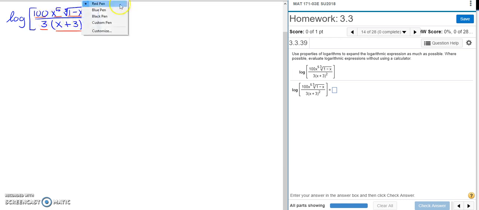One of our properties is the quotient property, and it tells us that a logarithm of a fraction, division here, can be separated into two logarithms that are being subtracted. So there's the first logarithm minus the second logarithm.